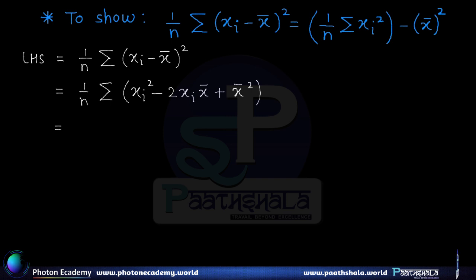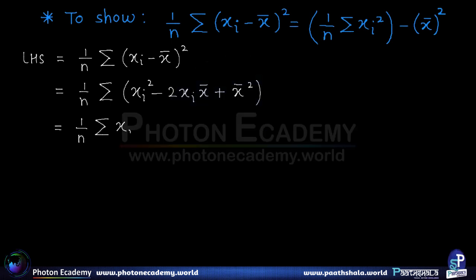Now as per the rules of summation, we can break the individual terms into different summations. So let us write it as 1 upon n summation xi square, minus 1 upon n summation 2 times xi x bar, plus 1 upon n summation of x bar the whole square.